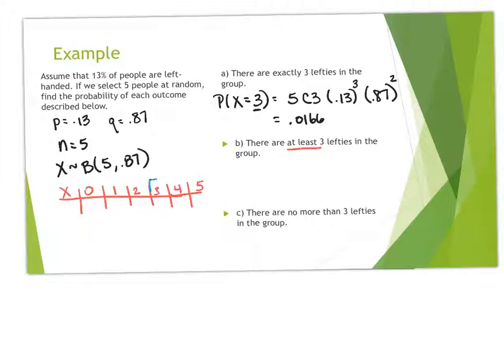Well, at least 3 means 3 and anything bigger. So the way I write that is, this is the probability that X is greater than or equal to 3. Written out using the notation, this means the probability that X is equal to 3 plus the probability that X is equal to 4 plus the probability that X is equal to 5.